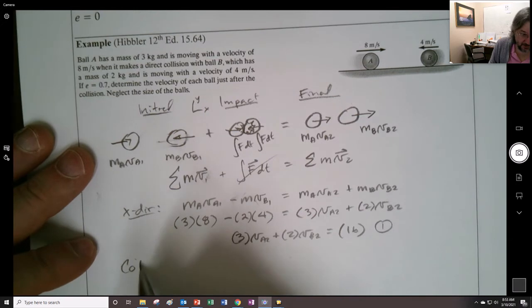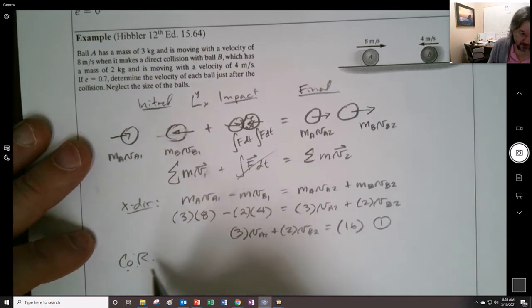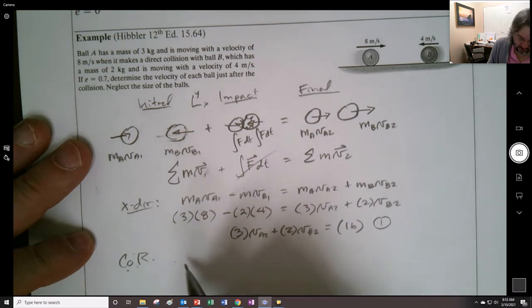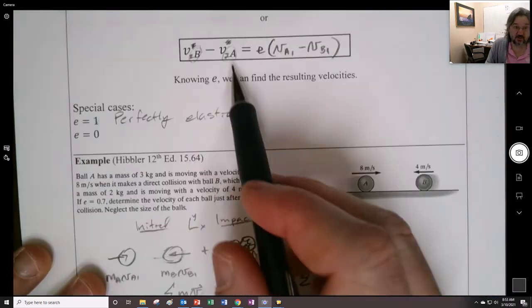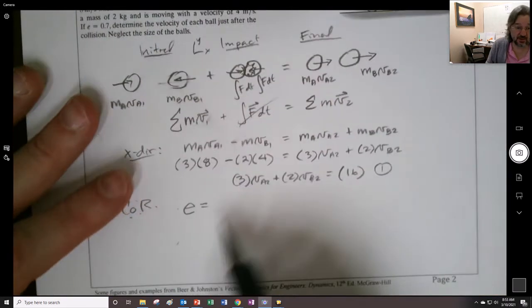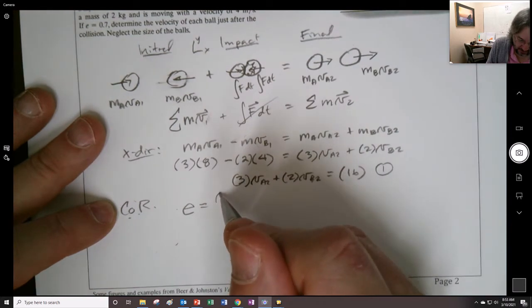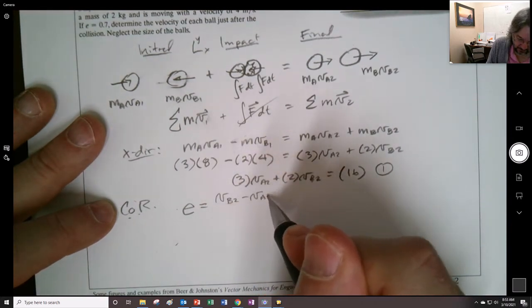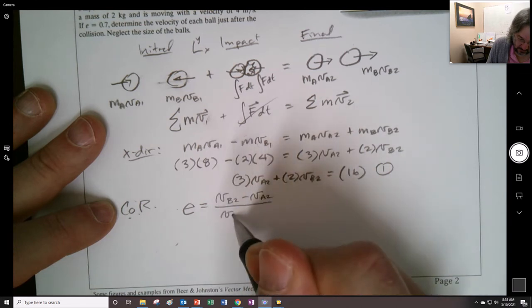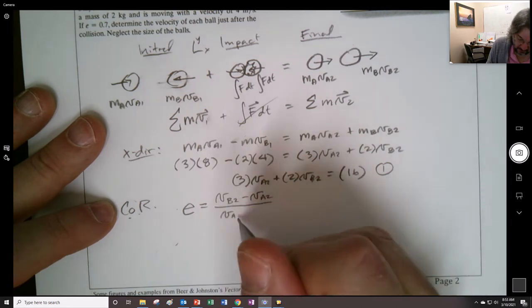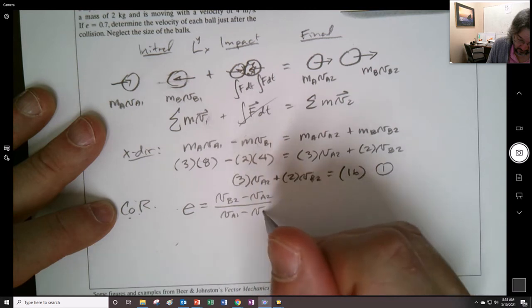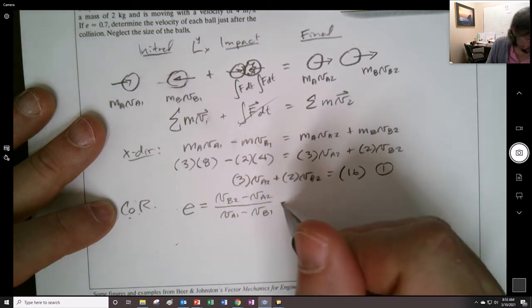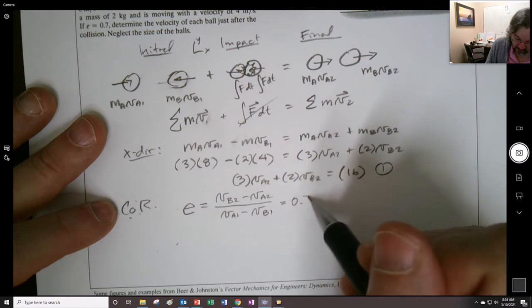Now we need to use the coefficient of restitution. I like to write it as the e right here, and we could write this in a couple different ways. Sometimes I write it this way, sometimes this way, but most of the time I will write it this way right here. Remember, we need to reverse the order of these. That's going to equal 0.7, right?